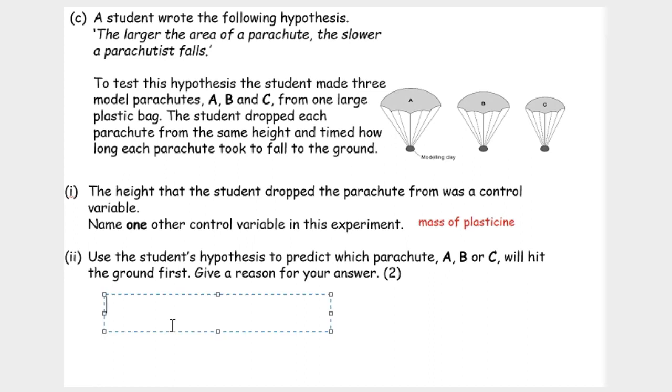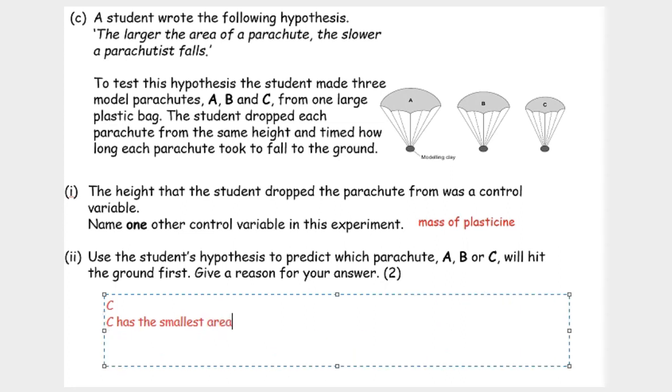So we would select C, and then we would say C has the smallest area, meaning that air resistance would be lowest, meaning it would fall with a greater terminal velocity.